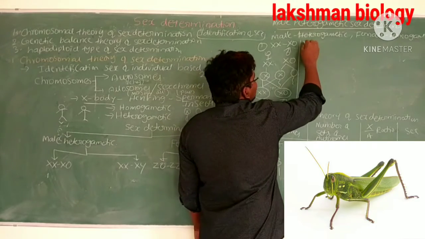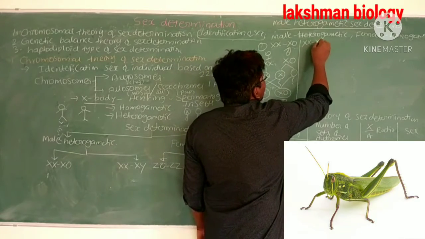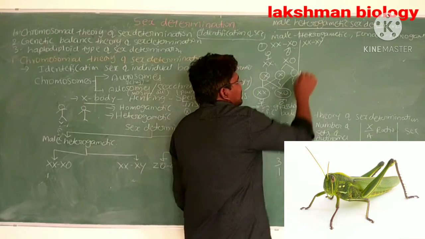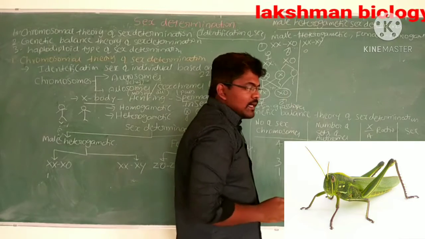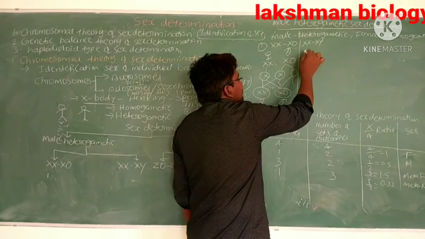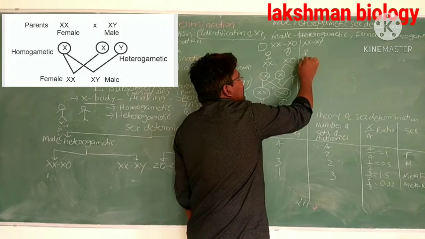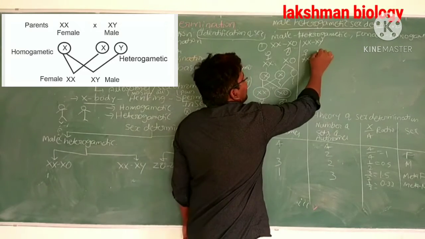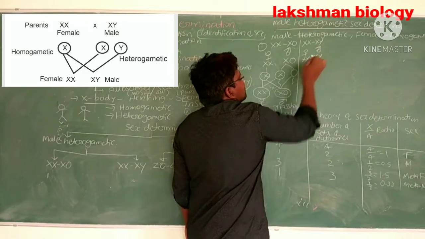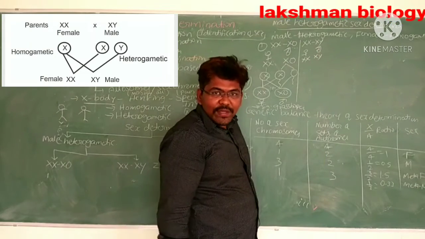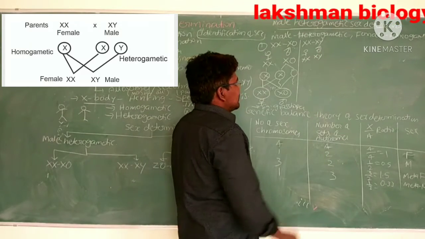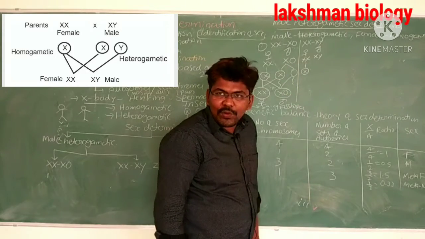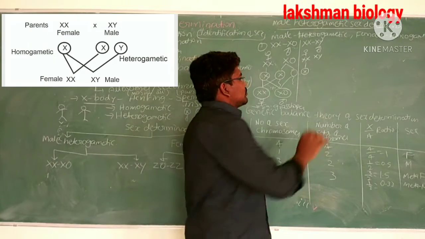Next, XX-XY type of sex determination. In XX-XY type, the female has two X chromosomes, meaning homogametic, and the male has one X chromosome and one Y chromosome, heterogametic. The female produces all similar ovums with one X chromosome.